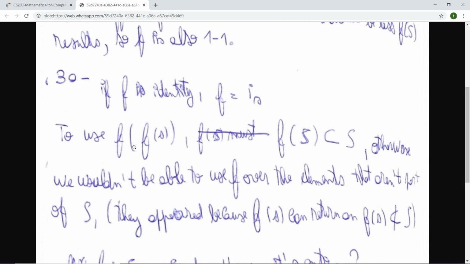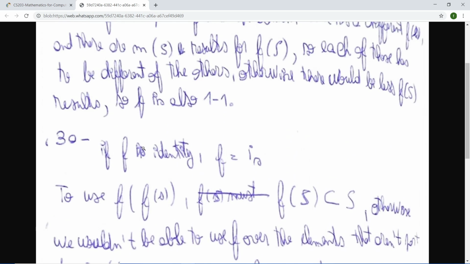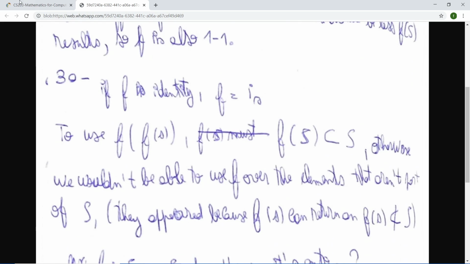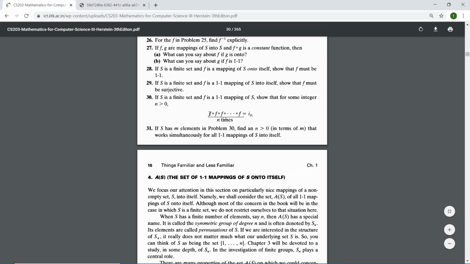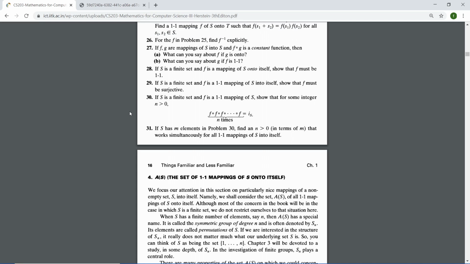Oh yeah, before that, for us to be able to do this, the result of this has to be inside of S. Otherwise we can't define a function f that acts on S if an element that we want to act on isn't in S, or at least, I don't think it's legal to do that, or probably the result should be undefined, I think.